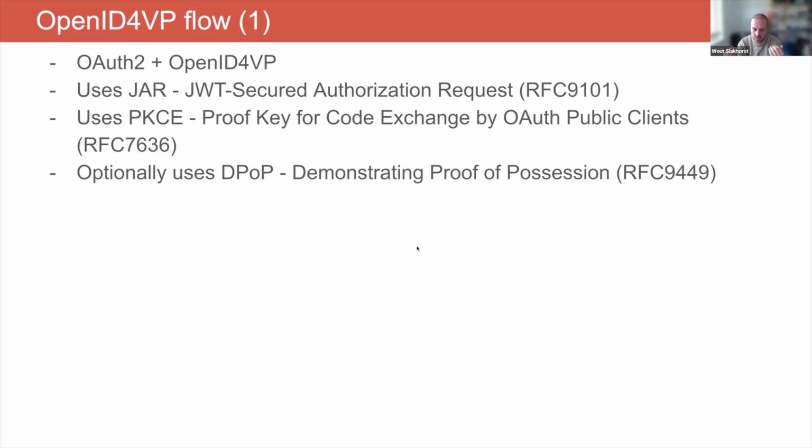So there's no client ID, client secret required because, well, we're using DIDs, so all key material is available. So we use public clients. And that's why you need something like PKCE to get the authorization call connected to the access token call. And optionally, we can use DPoP, demonstrating proof of possession. So you're protected against token hijacking or request replay and that kind of stuff.